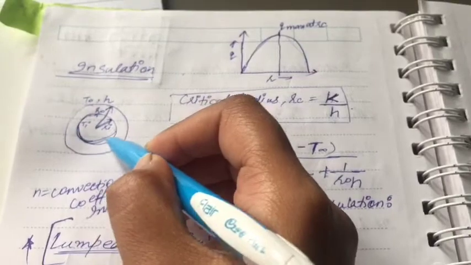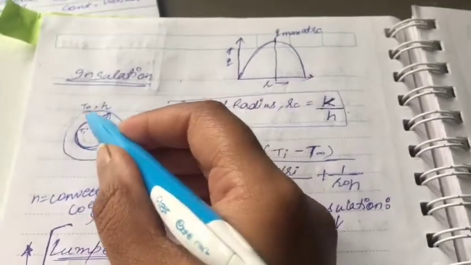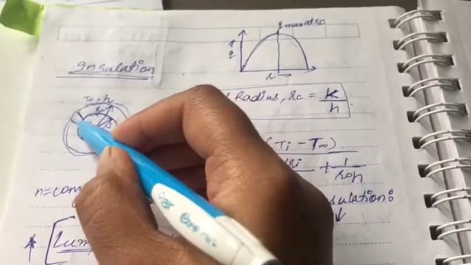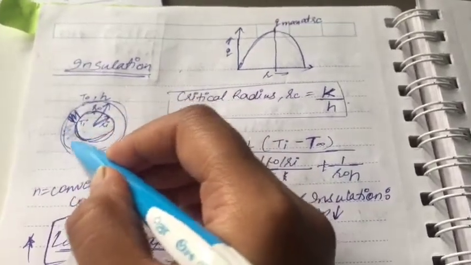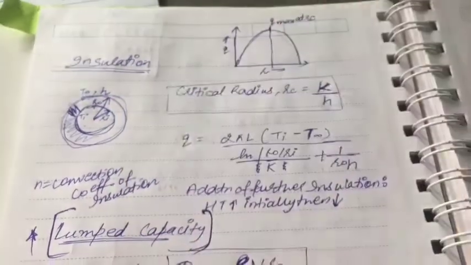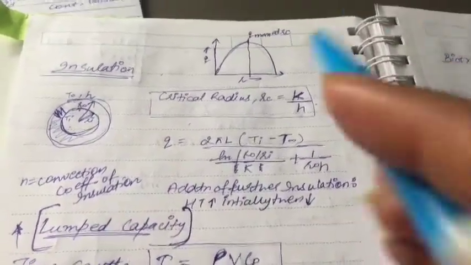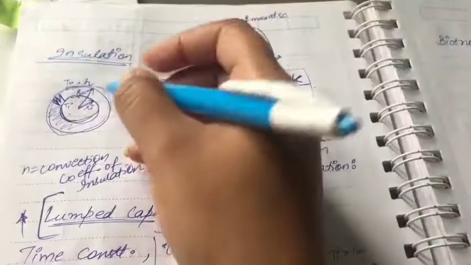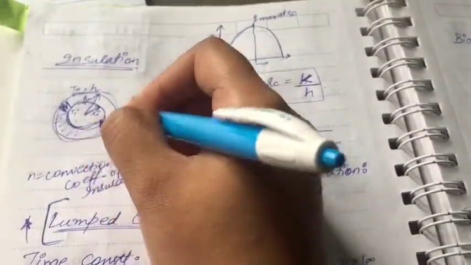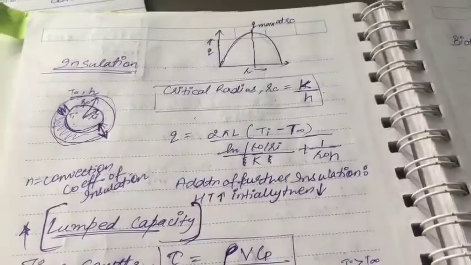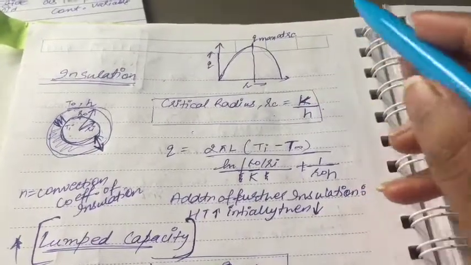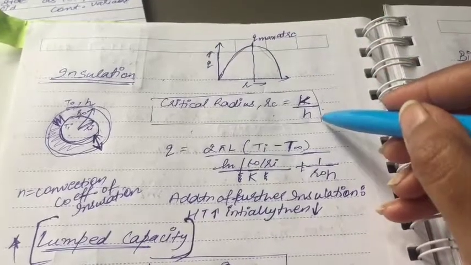So the inside temperature was Ti, and the temperature outside of the insulation is T0 and heat transfer coefficient is h. So our critical radius, like how much radius should be added for insulation, would be k by h, conductivity by heat transfer coefficient.